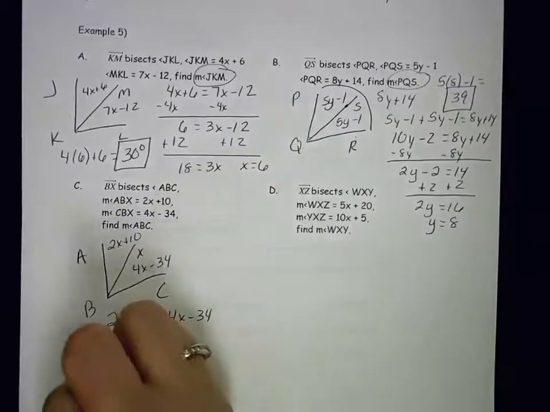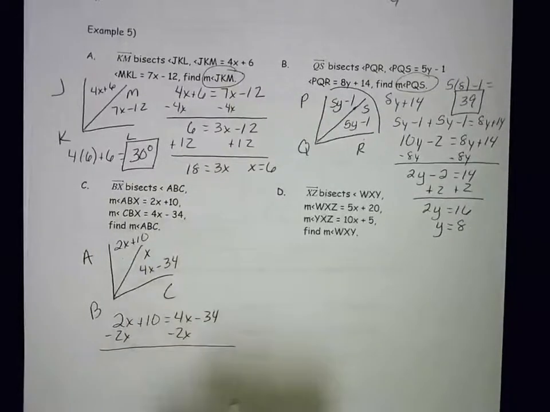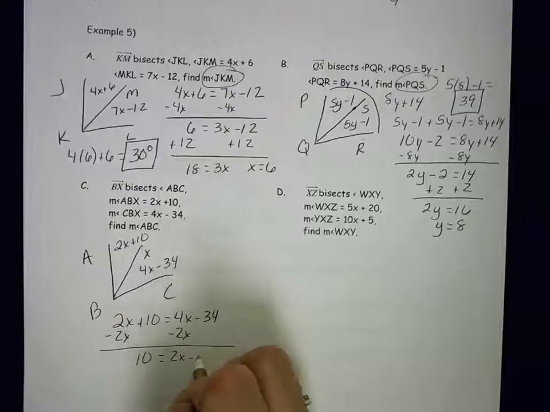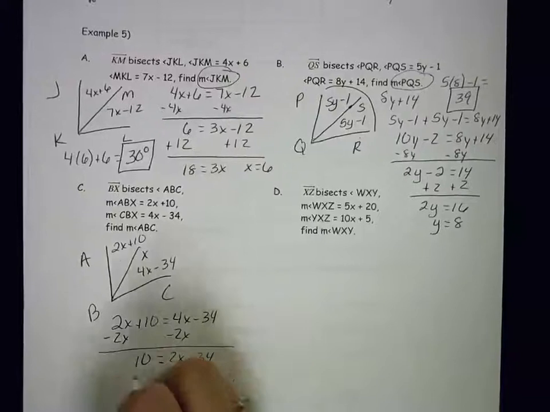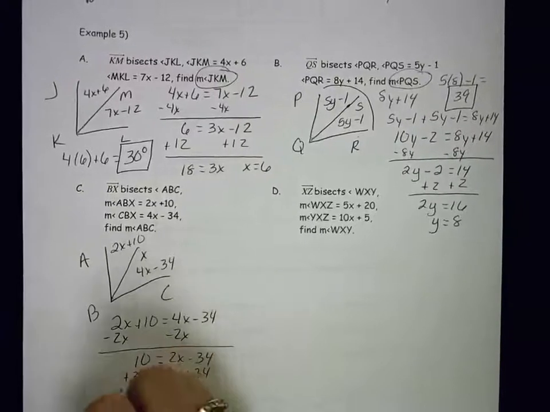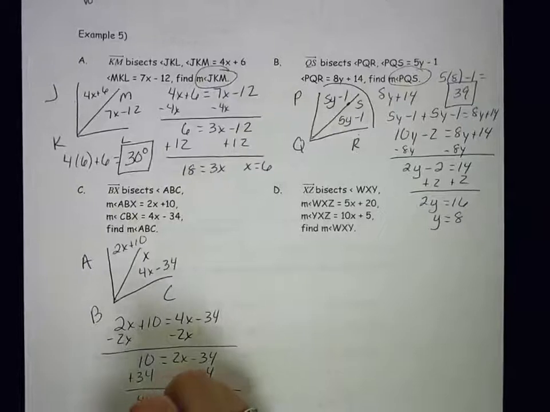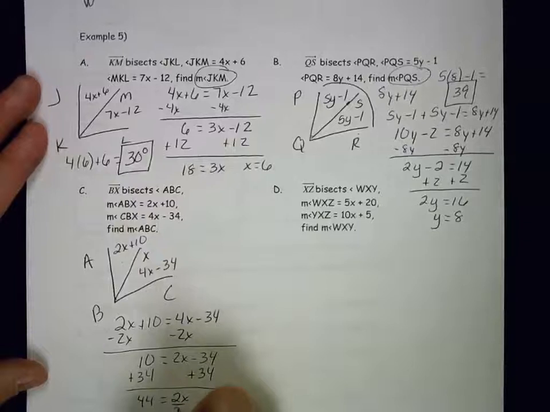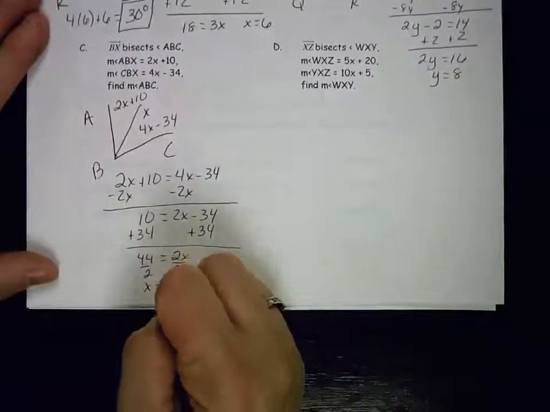Solving that, you would subtract 2x from both sides, and that becomes 10 equals 2x minus 34. Add 34 to both sides, and you have 44 equals 2x. And when you divide both sides by 2, x equals 22.